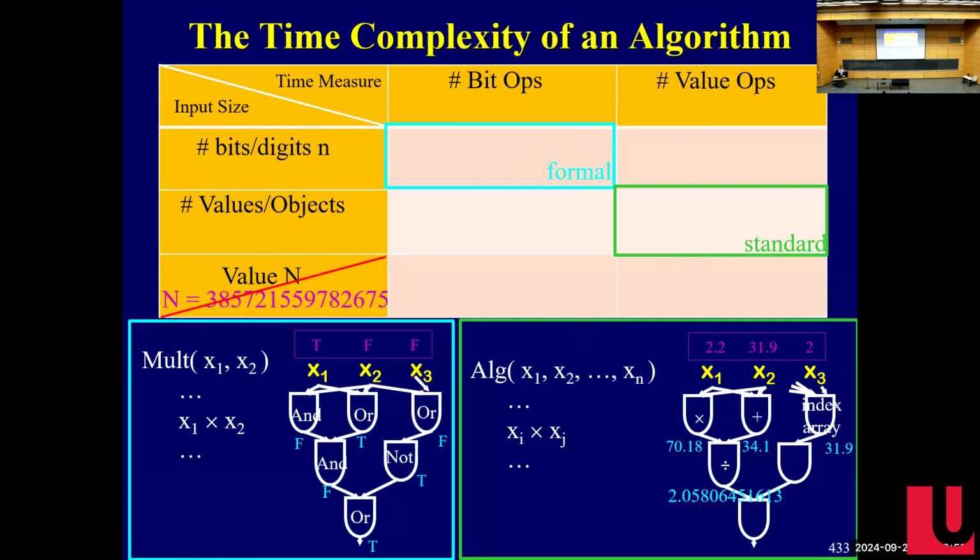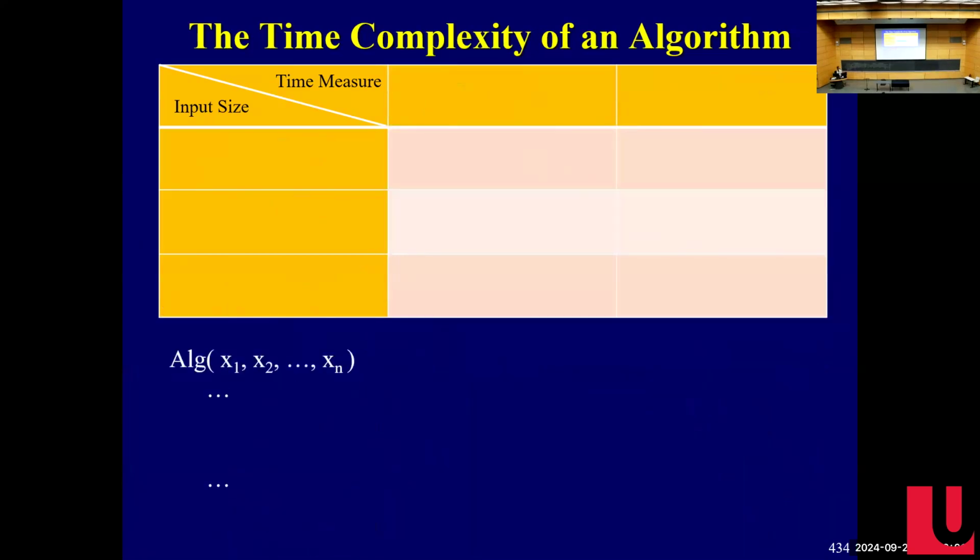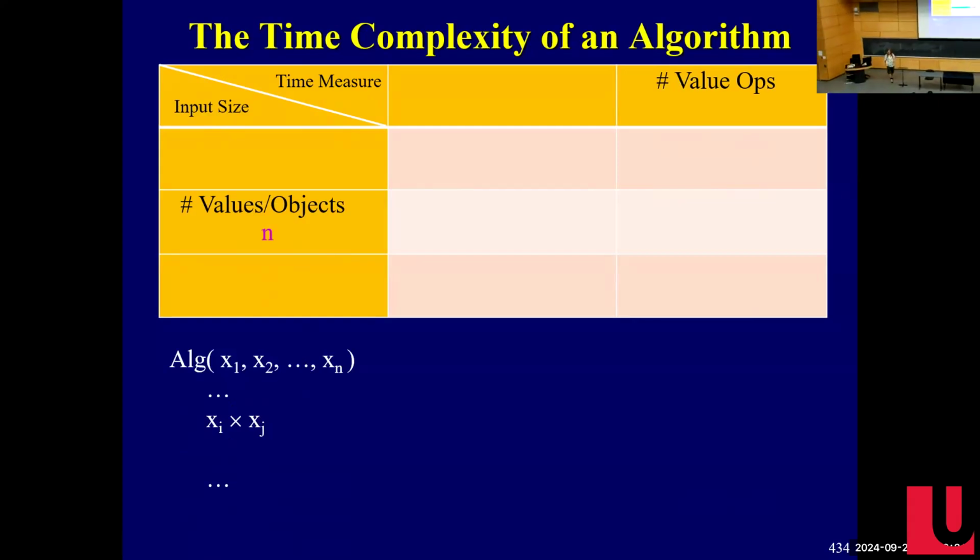real numbers, integers. All right, so here is the classic example: if the input consists of a bunch of objects, then the input size should be the number of those objects, and the time measure should be, you define what an operation is between values that costs time 1, and you say, we'll let you multiply in time 1.